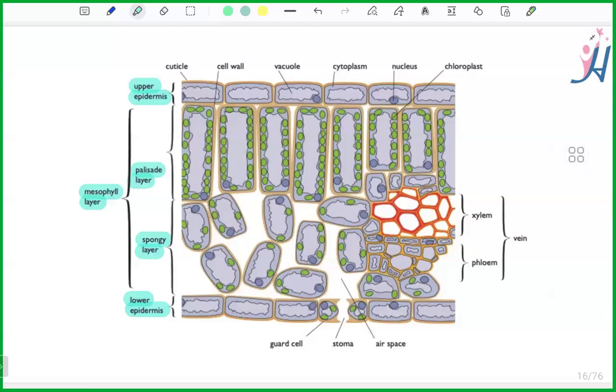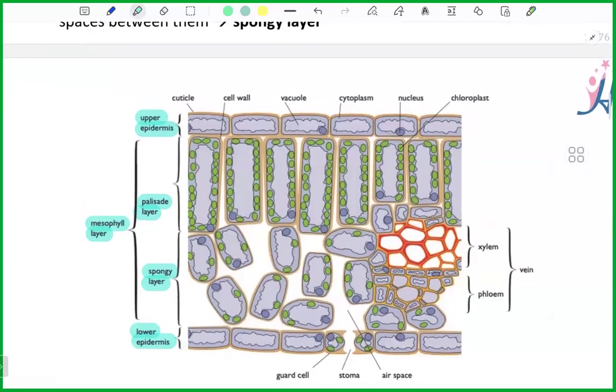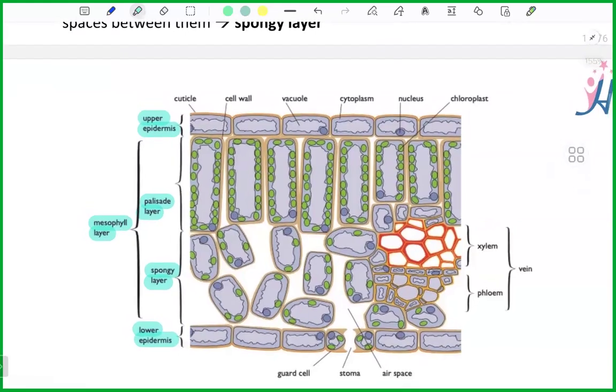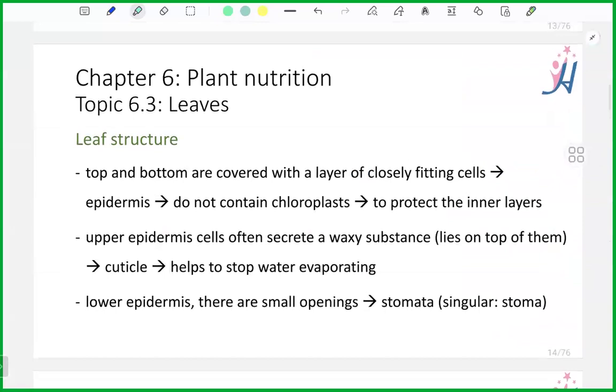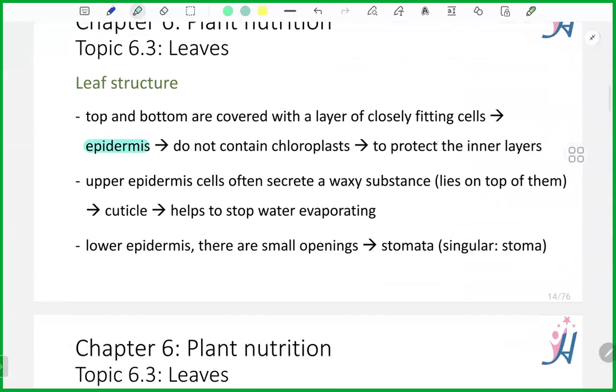Now let's explore layer by layer. In the upper epidermis, you may see that the cells contain no chloroplast at all, and they contain a cuticle layer. Let's see here. It says that the top and bottom are covered with a layer of closely fitting cells, known as the epidermis, which can be further divided into upper epidermis and lower epidermis.